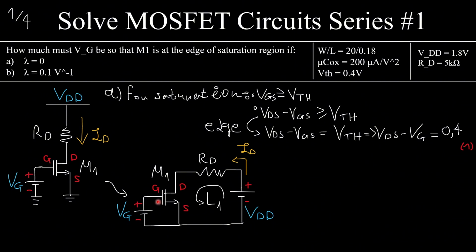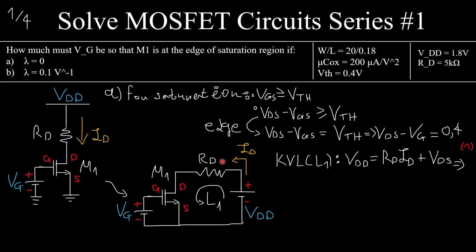Now I'll name this loop L1, and it gives me something very insightful when I do a KVL. When I enter the negative terminal, this VDD is going to be equal to RD times ID, the voltage drop here. Why?